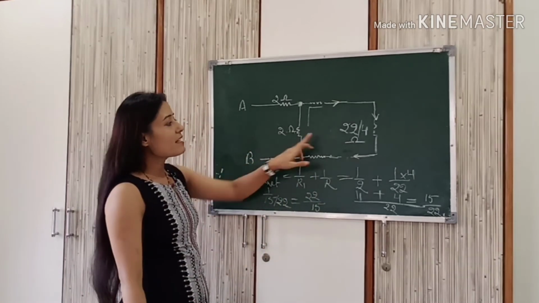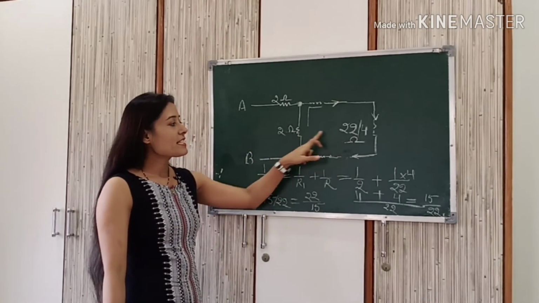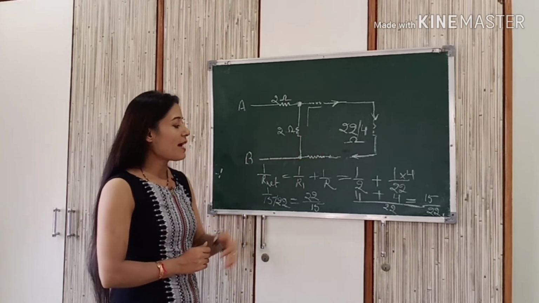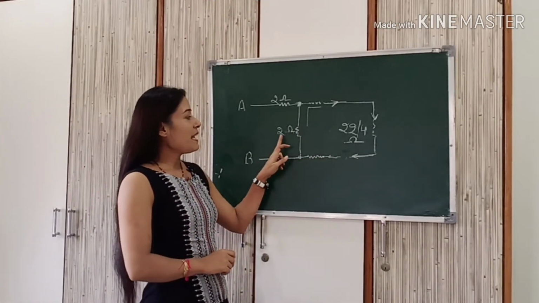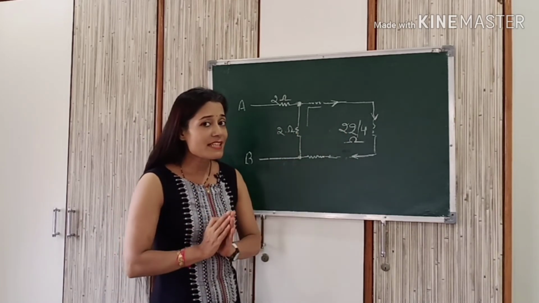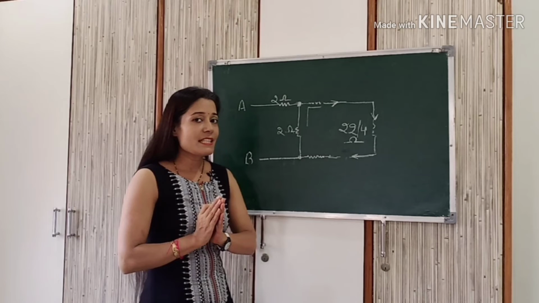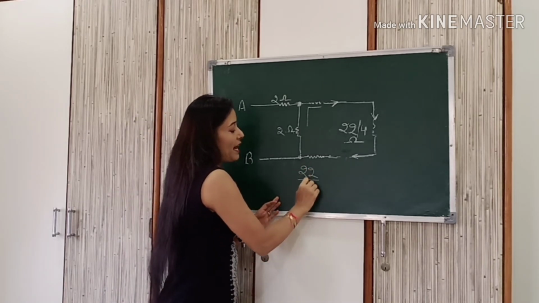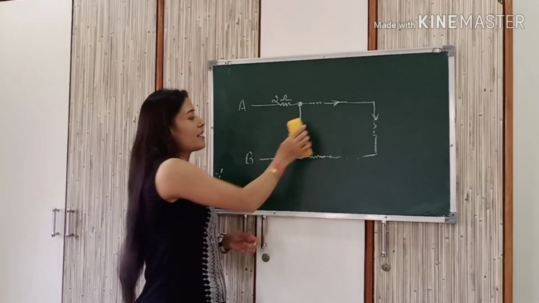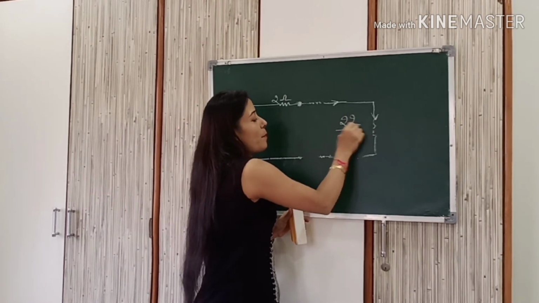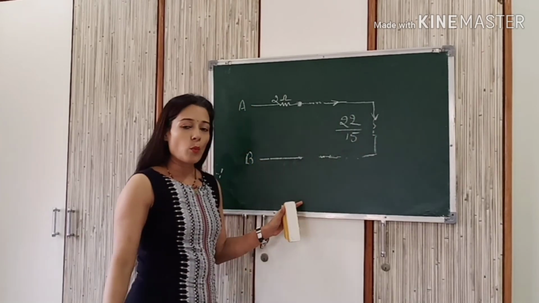So the value of these two resistances in parallel, the equivalent value, is 22 by 15. Now in place of these two resistances, we will place only one equivalent resistance of value 22 by 15 ohm.